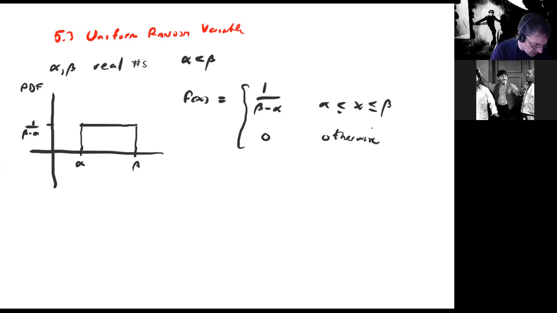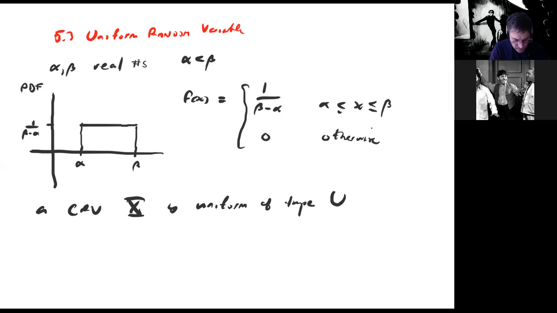So this is a probability density function, and we will say that a continuous random variable x is uniform of type U alpha beta. U refers to uniform. The alpha and beta refer to the parameters. If its PDF is as above.